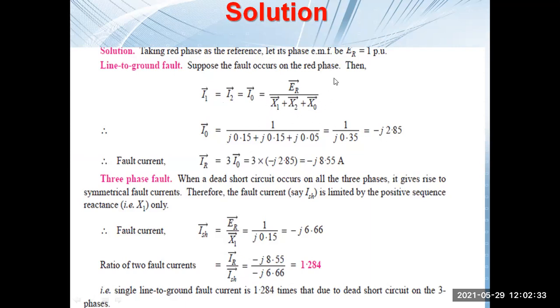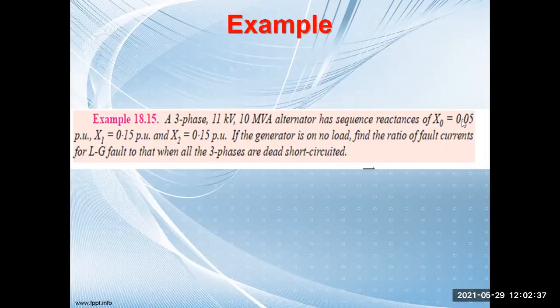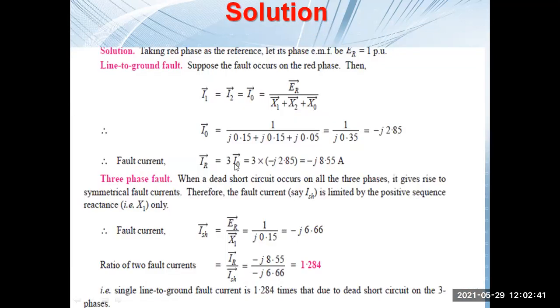So I0 will be equal to 1 over X1, X2 and X0. We have substituted 0.05, 0.15 and 0.15, so we are getting minus J 2.85. So the fault current will be IR equal to 3 into I0, so 3 into this value gives us the fault current.